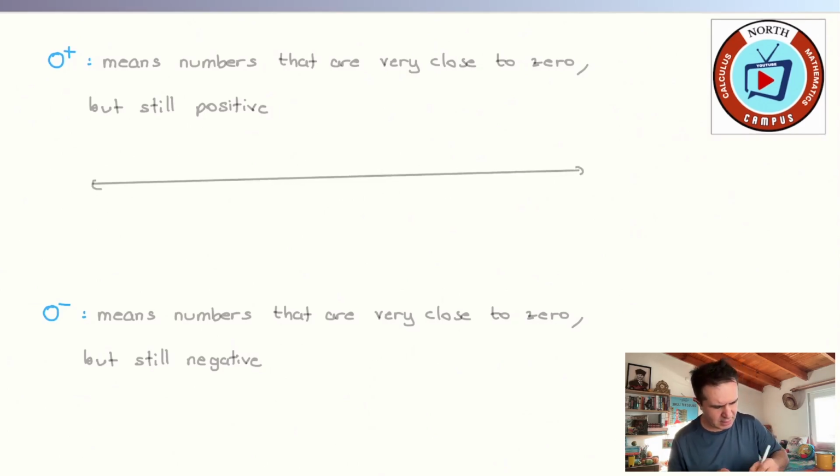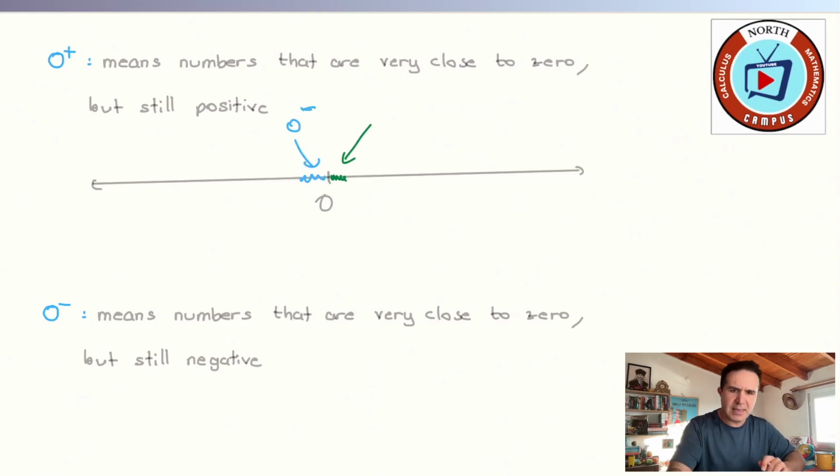Let's think like that. If we have 0 here, 0 plus means numbers that are very close to 0 but still positive. And 0 minus means numbers that are again very close to 0 but still negative.